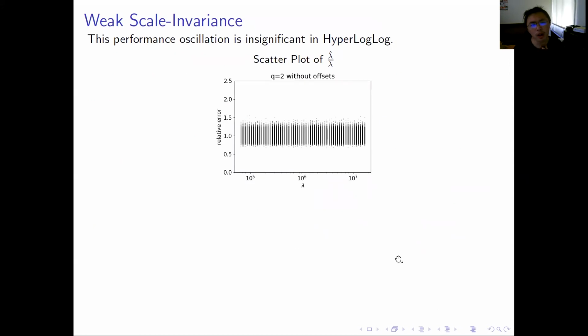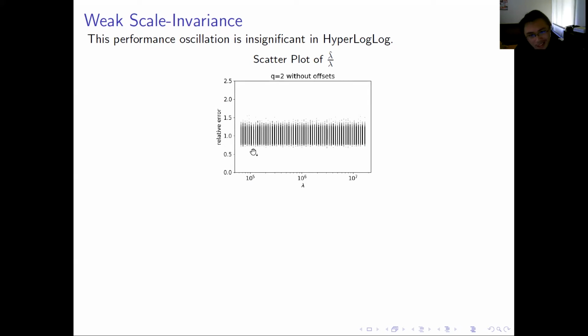To demonstrate the phenomenon of small oscillations in performance, because I've stated that HyperLogLog and PCSA are in fact not fully scale invariant, but just weakly scale invariant, let's see some experiments. Here I plot the estimator over the true cardinality over a range of cardinalities, where each point corresponds to one experiment.